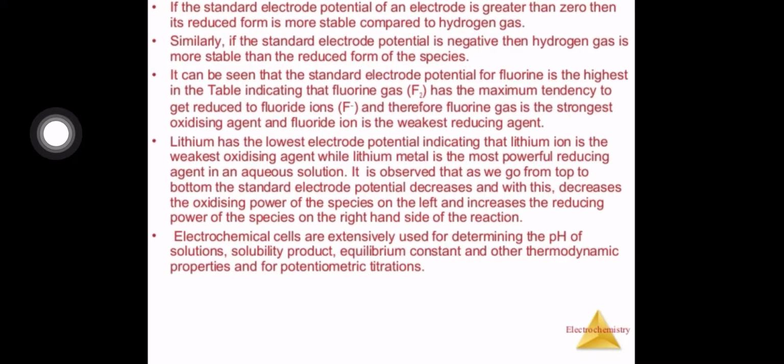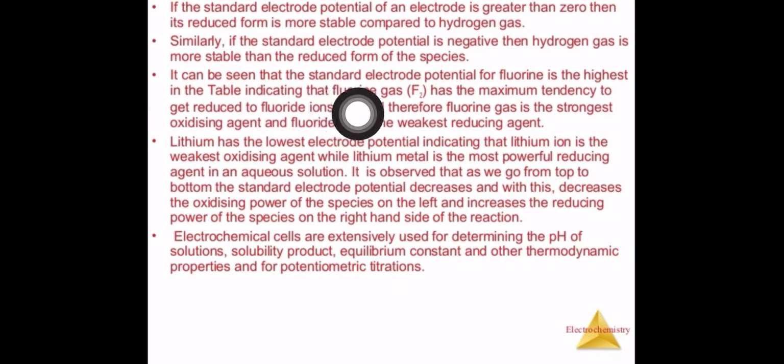If Zn is going to be oxidized, then it will have a negative value, and it will be placed at the anode. Similarly, if the potential is negative, then hydrogen gas is more stable than the reduced form of the species. As I told you, one will be greater and one will be lower, one with a minus sign and one with a positive sign.